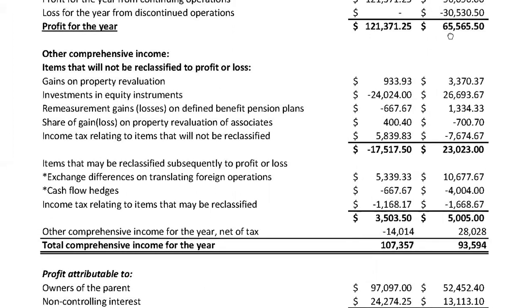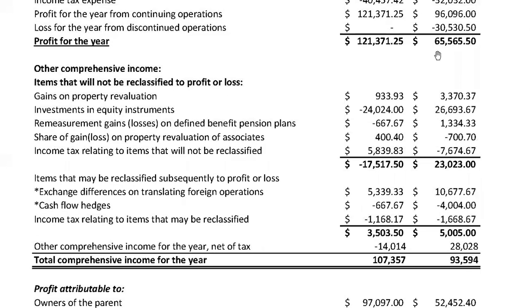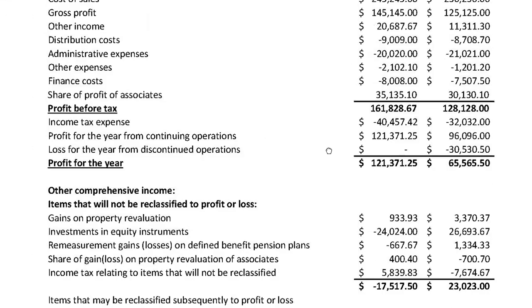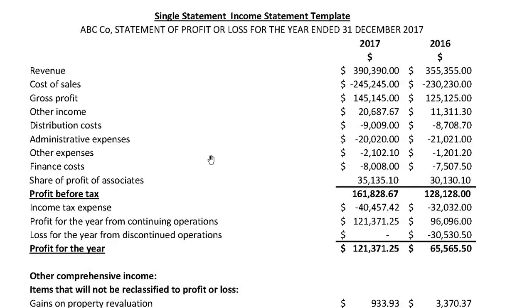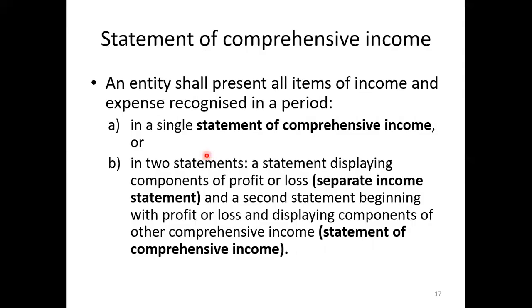Here, profit for the year was 65, and other comprehensive income for the period is 28,000, so the total will be 93. So this is one method, the single statement of comprehensive income.